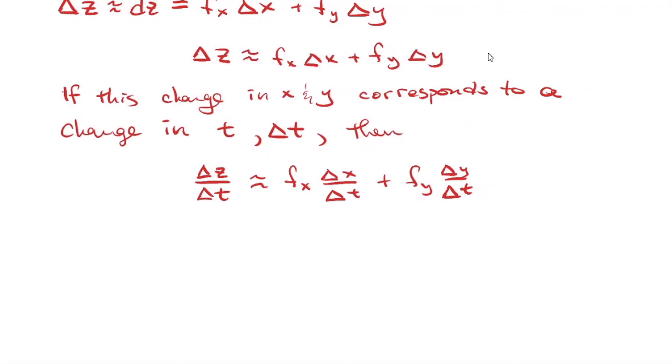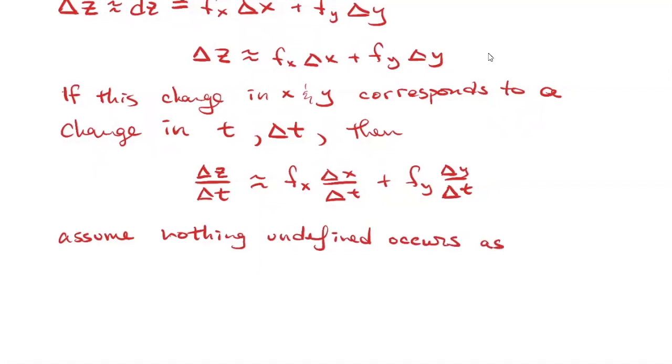Okay, and as long as no denominators go to 0, so let's say nothing undefined occurs as delta t goes to 0, then this becomes the chain rule.